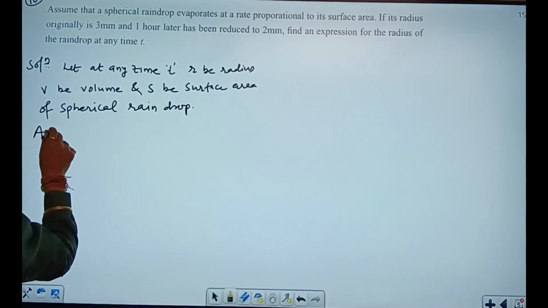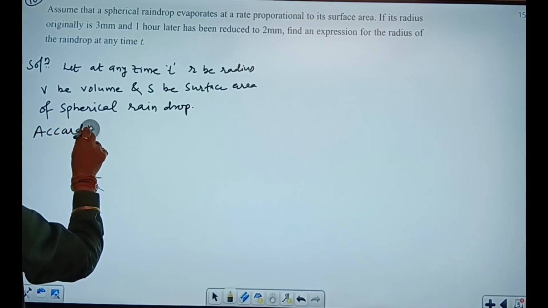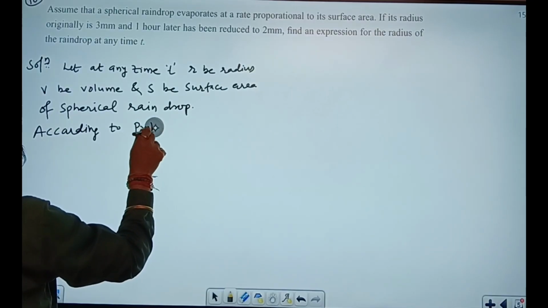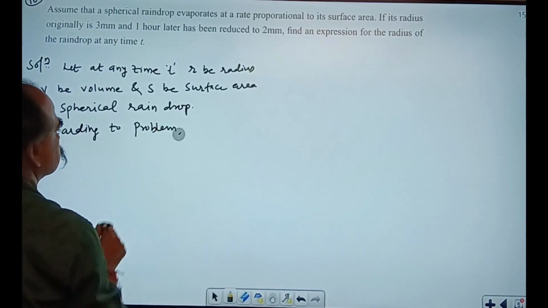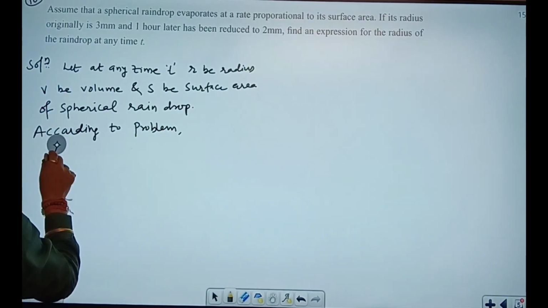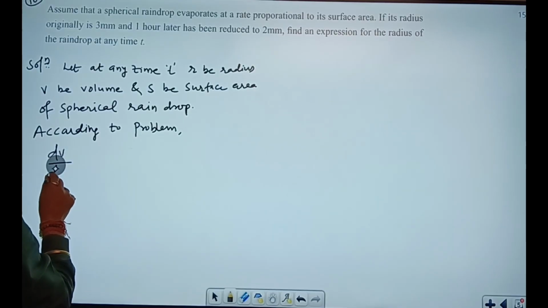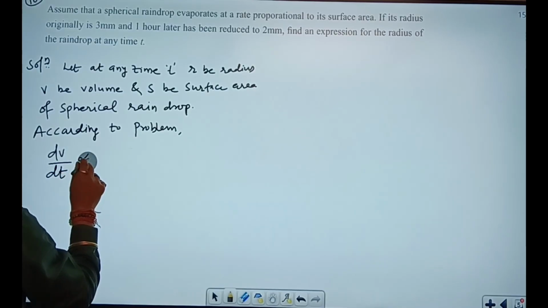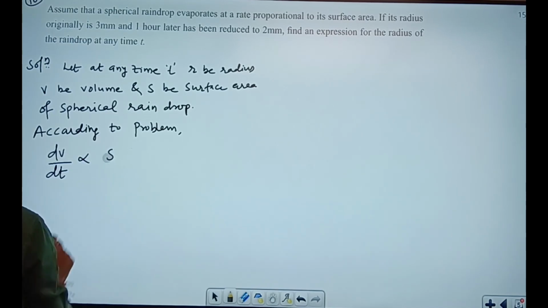According to problem, dv by dt is what? Proportional to s.